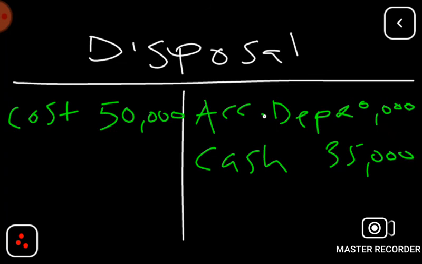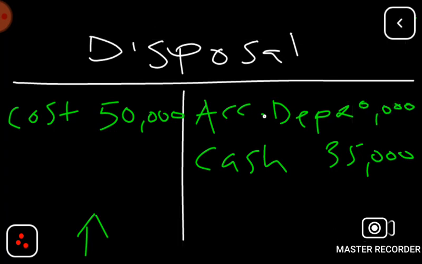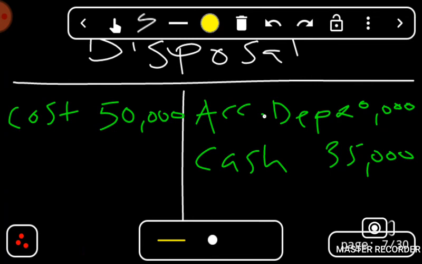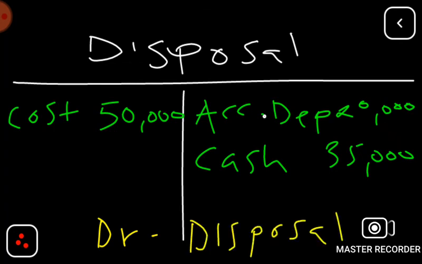Now the rule is that, let me just change the color because I'm about to make a very important statement here. If the debit side of your disposal account is lower than your credit side, it means you've made a profit.